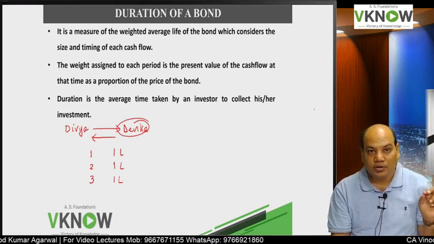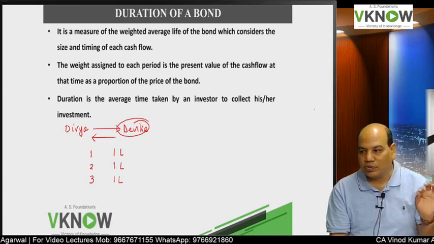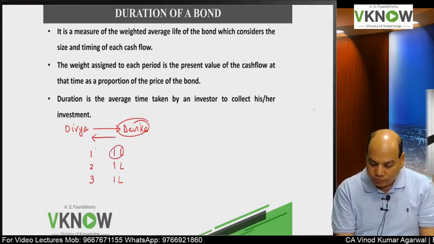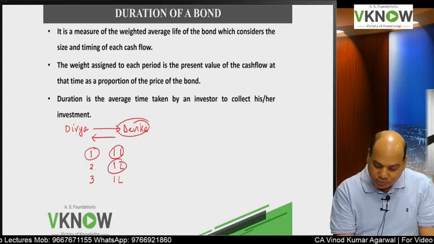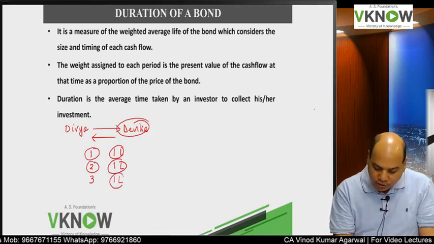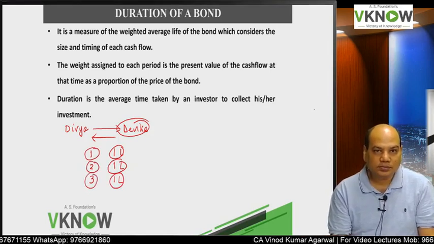Devika has given 3 loans to Divya. 1 lakh loan for a period of 1 year, 1 lakh rupees loan for a period of 2 years, 1 lakh loan for a period of 3 years.